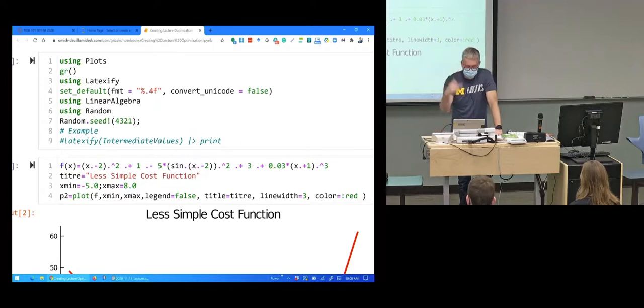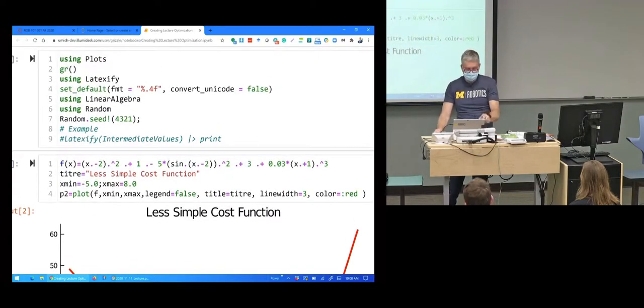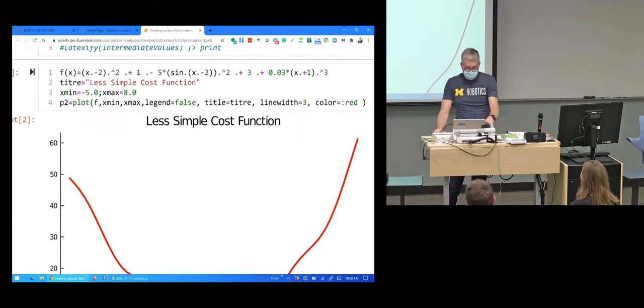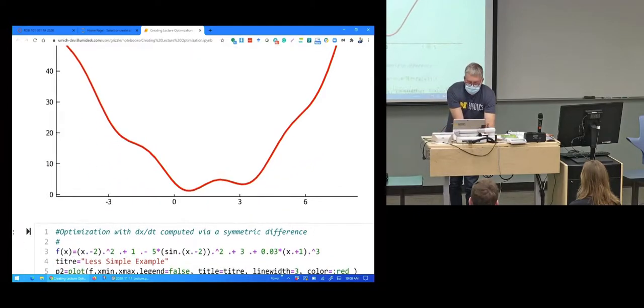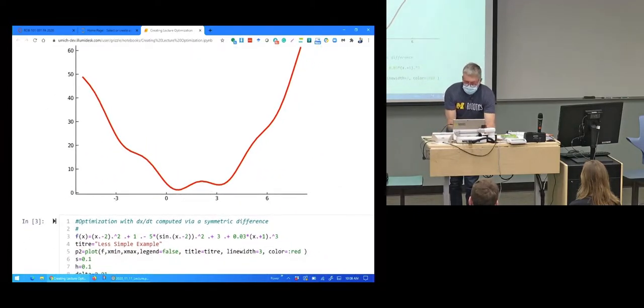It'll automatically give you the matrix commands to generate a matrix. And if you don't like the way it's aligned, you can change the centers to R's or lefts and anything you want. And we'll see why I've got random on there. Okay, so here's our first function. This is that less simple cost function that we've been looking at.